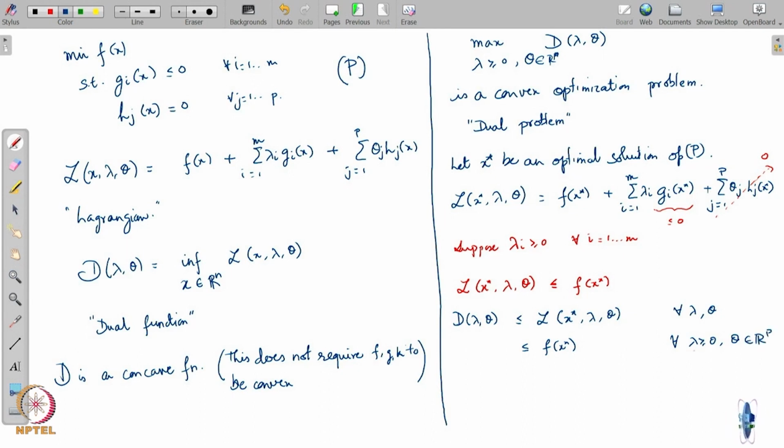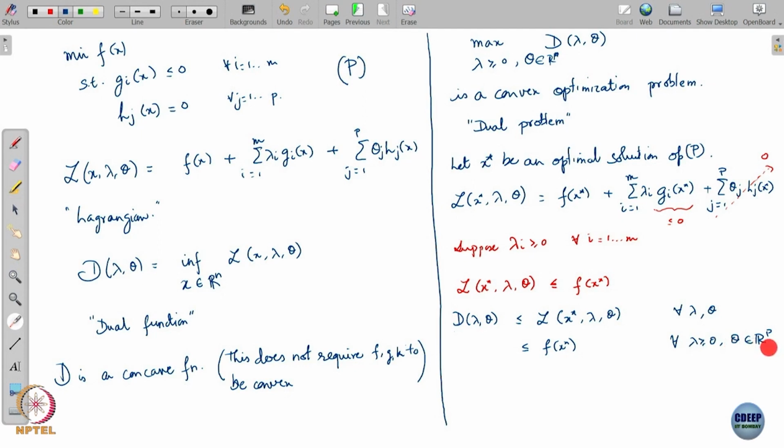So, for lambda greater than or equal to 0 and any theta, we have that d of lambda comma theta is less than or equal to f of x star. What does this mean? You look back at this optimization. What is this optimization? Well, it has a maximization of d of lambda comma theta over precisely the lambdas and thetas that are mentioned here.